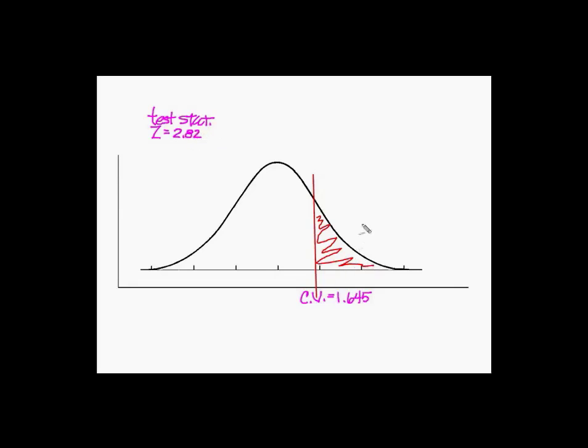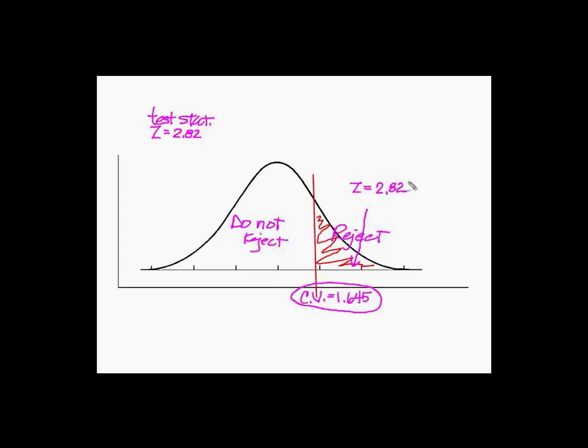So now I'm going to find 2.82 on the curve. Somewhere up here, not drawn to scale, but I know that my z is equal to 2.82. Remember I told you that this red line that is identified by this critical value right here separates the reject region of the curve from the do not reject.